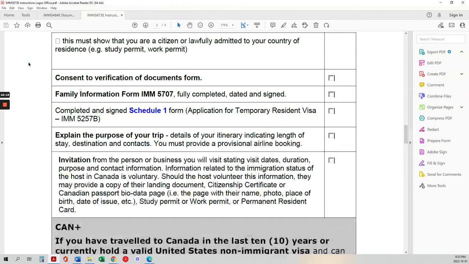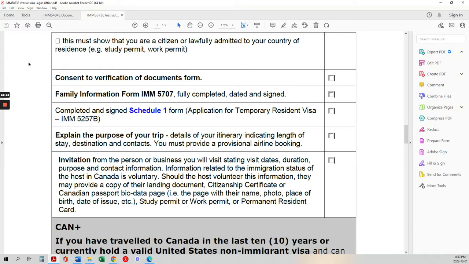It's that simple. So be very, very careful when you submit your documents that there's nothing fraudulent that is verifiable because you are giving their consent. If you don't give their consent, they may reconsider your application. So it's very important that you get this, you sign it, and then you're okay.